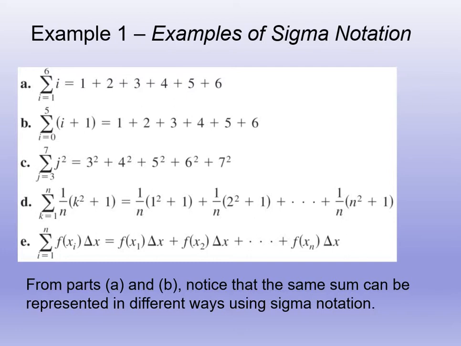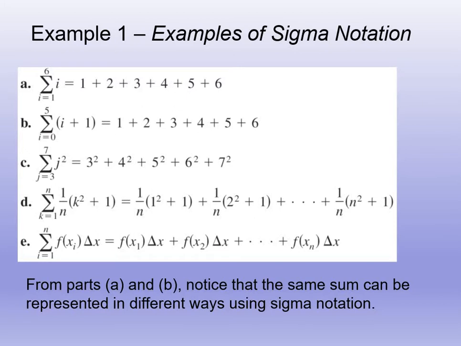When we write this out as a summation, we substitute the values of i into the function. So we get 1 plus 2 plus 3 plus 4 plus 5 plus 6 when we get that entire sum out. I believe that gives us 21.